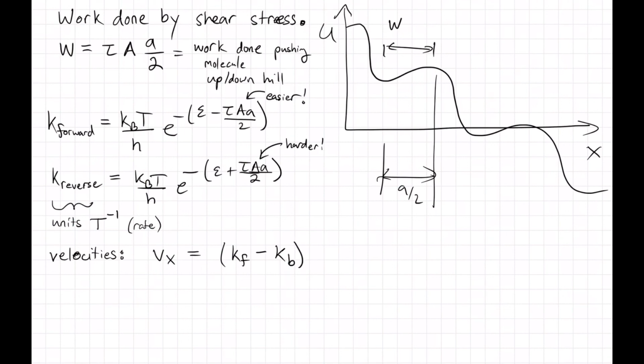To turn those into a velocity, we need to take the rate and multiply it by the distance that things are traveling. Or in order to calculate the net velocity, what I would do is take the net rate of movement and multiply it by the distance that things get hopped. That'll give you something that looks like a velocity in the forward direction.